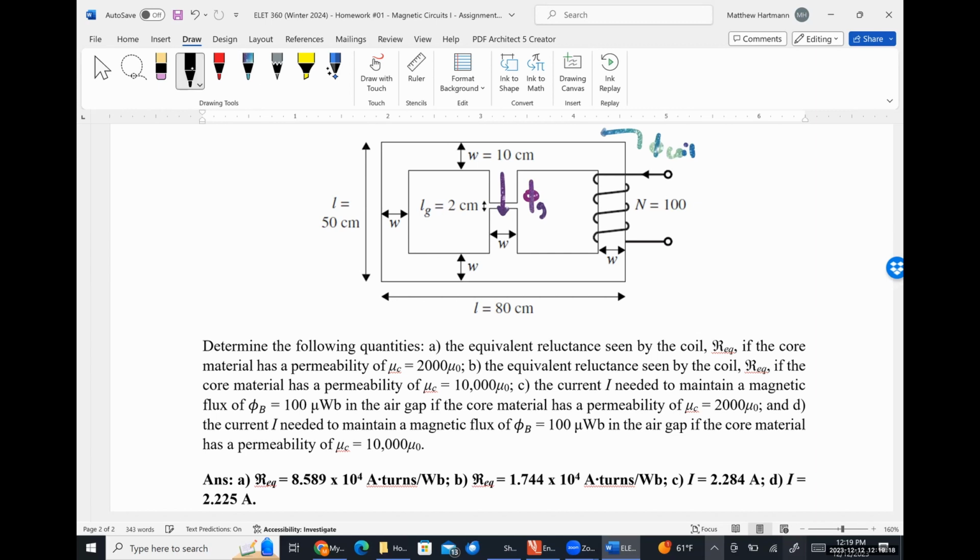And then once you found your coil flux, you could solve for the current I again. Yep. Has to be, we're assuming we're not losing anything really. So whatever flux is flowing through the air gap is the same amount of flux that's flowing through that middle branch. And then from there, it's literally the same relationship. Anything else? All righty.